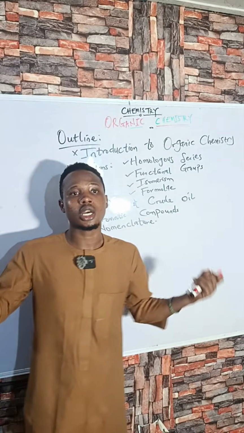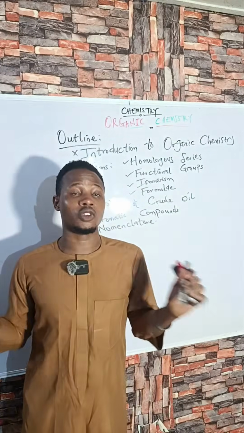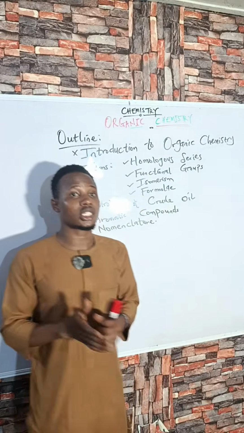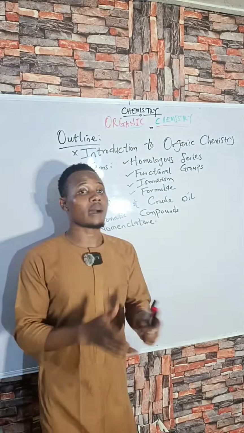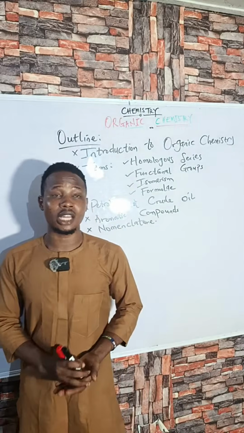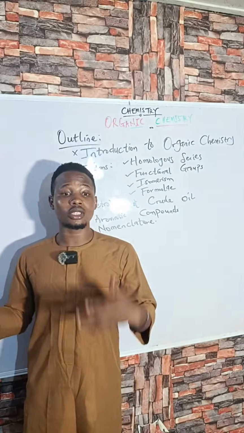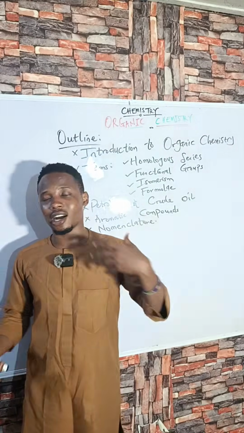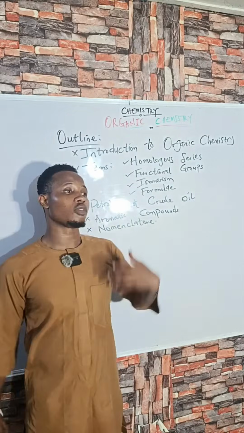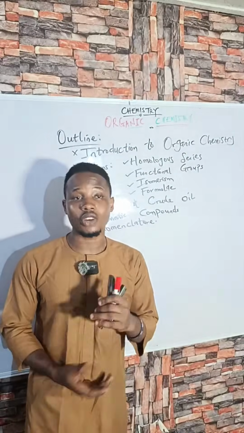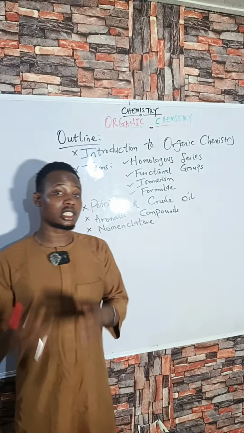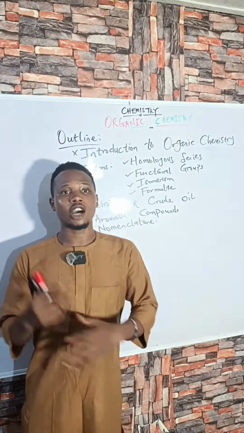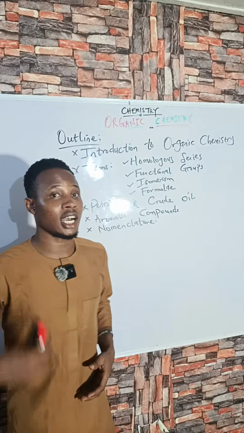But the only one that is very popular around is organic chemistry, which studies carbon and its compounds alongside other elements like hydrogen, sulfur, and oxygen. Not all compounds of carbon are organic. This is a rapid revision class, so of course, I'll be a little bit faster with time.